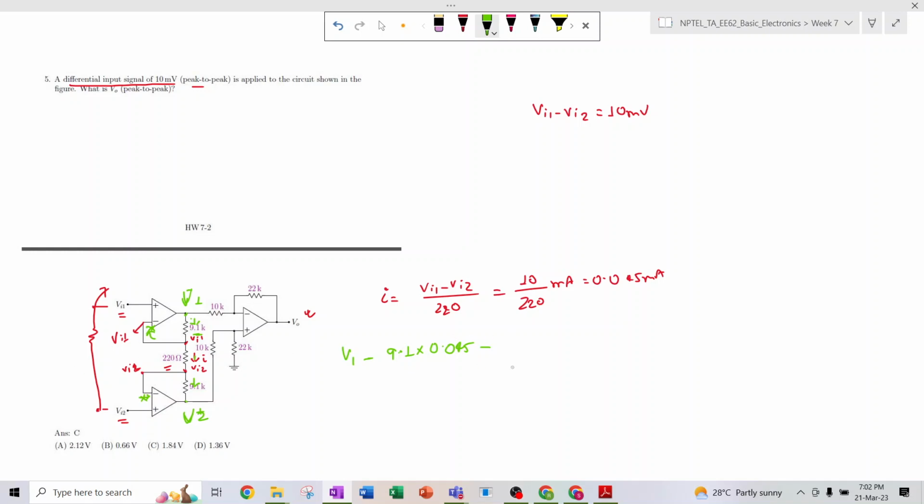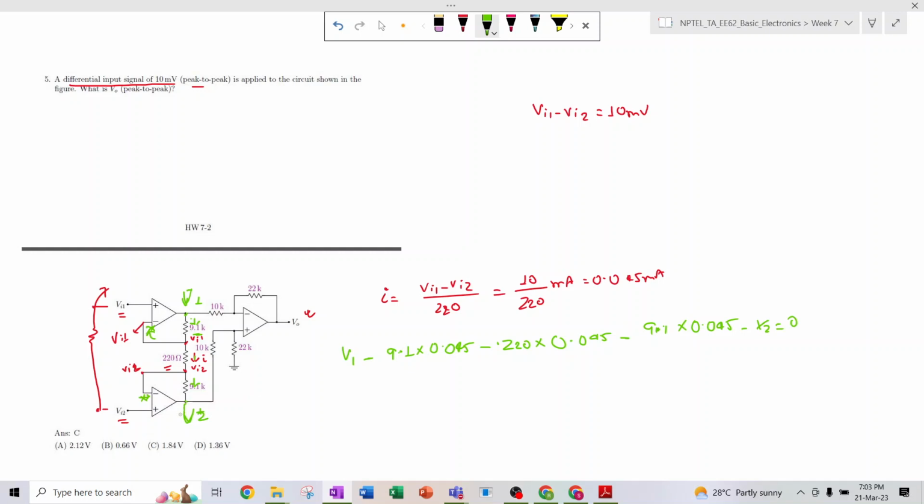So this is I, that is 220 ohm into 0.045. 220 ohm means 0.220 kilo ohm, into this milliampere, minus 9.1 into 0.045 minus V2 will be equal to 0.